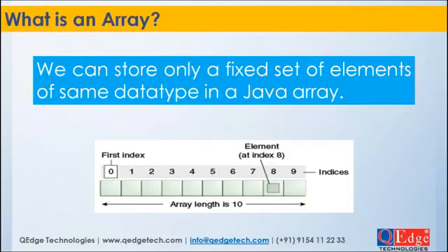And do remember, array size should be a fixed size. While declaring an array, you must specify how many values you want to store into it. 10 values or 20 values or 100 values or 4 values, whatever. Array size should be fixed size. We cannot extend the size of an array through coding. Dynamically, you cannot increase the size of an array.